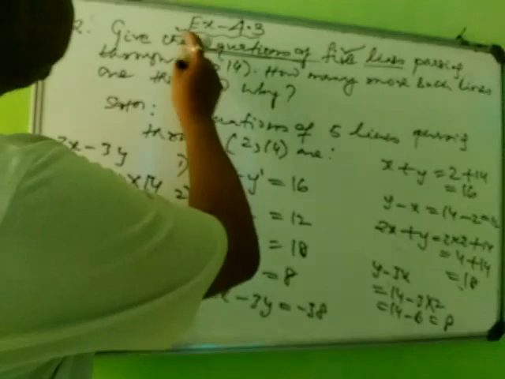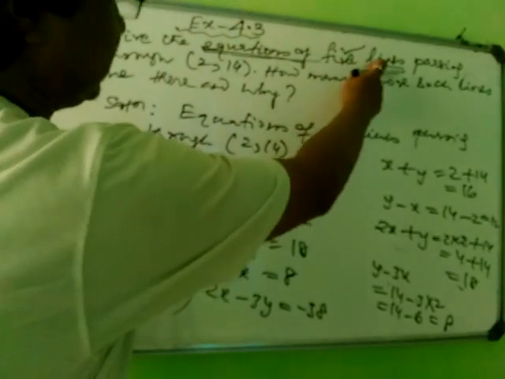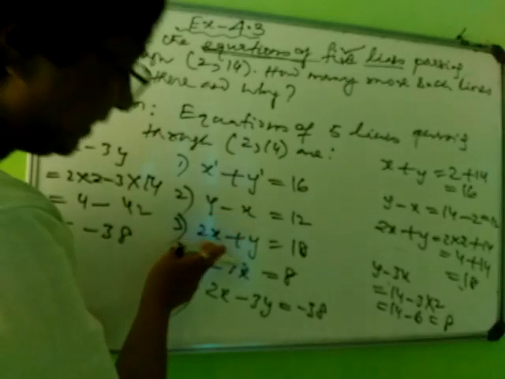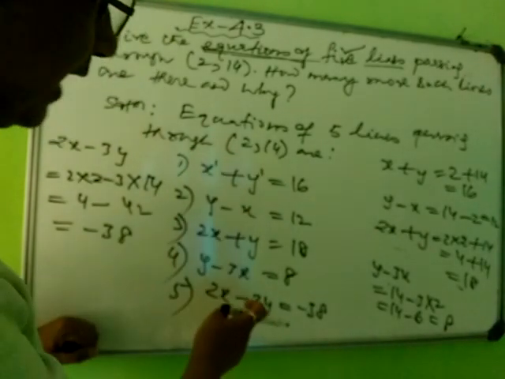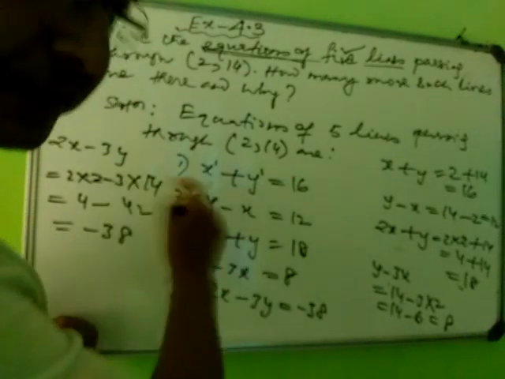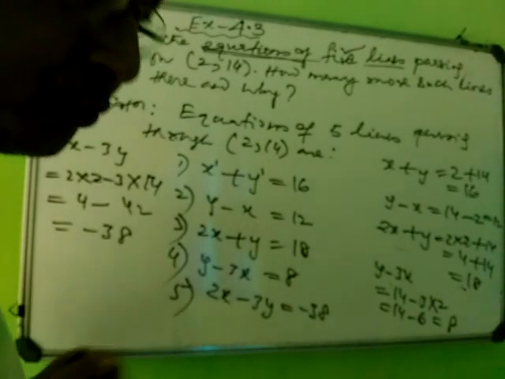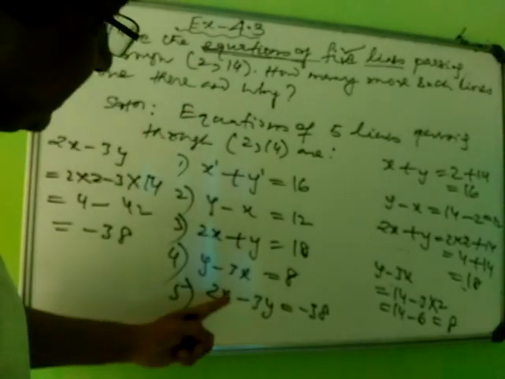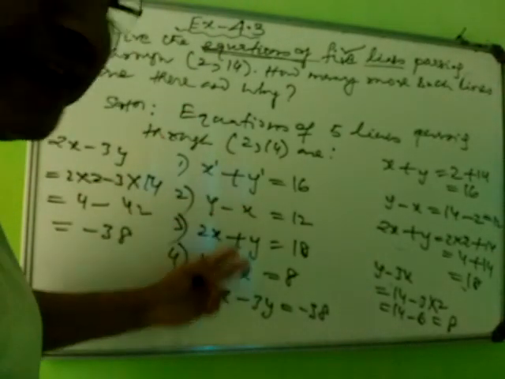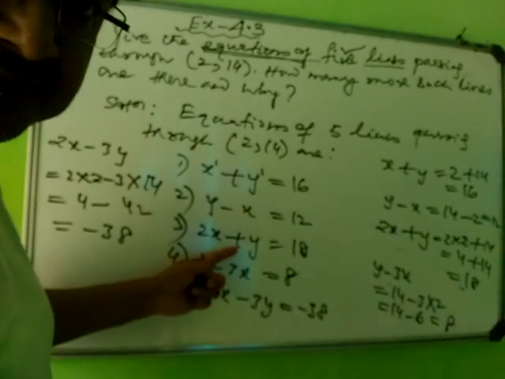That is why they have said equations of 5 lines. Corresponding to these 5 equations, you will get 5 straight lines, and you can draw it graphically, but they have not told you to draw the graph. If you draw the graph, you will see that there will be infinite points for all the equations.